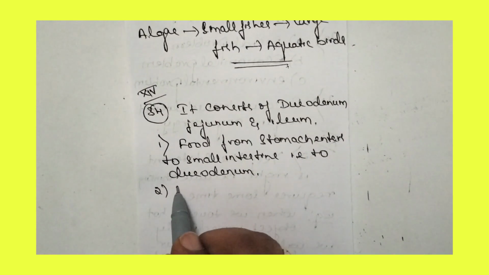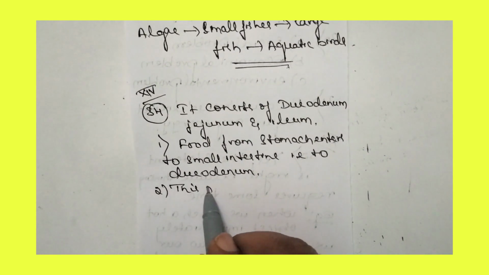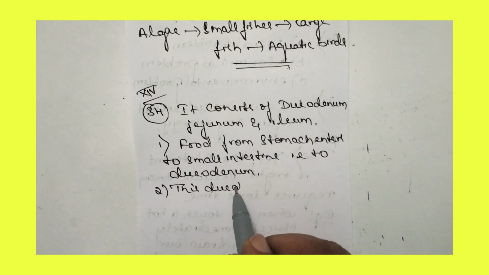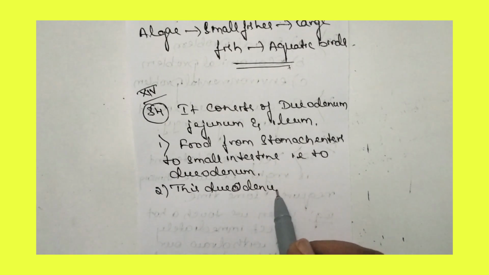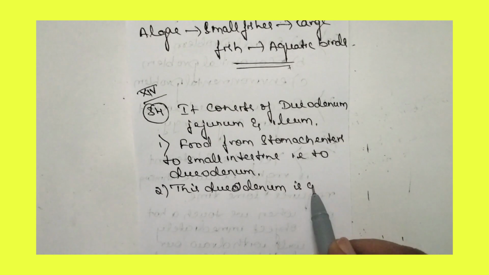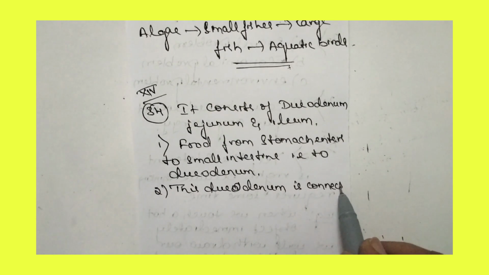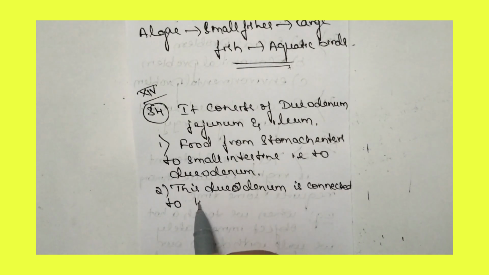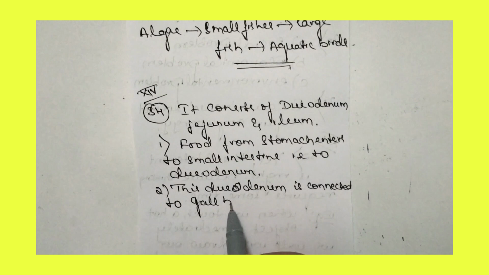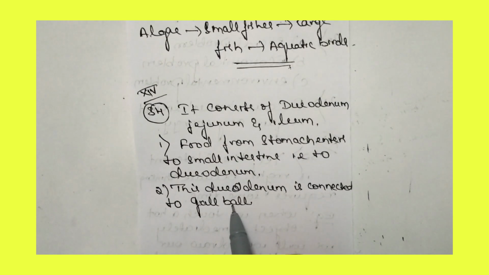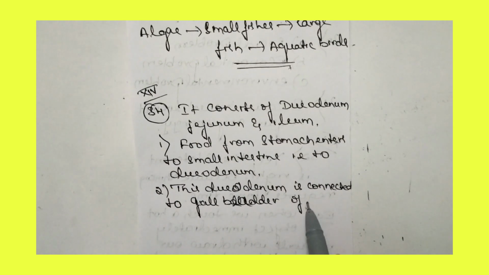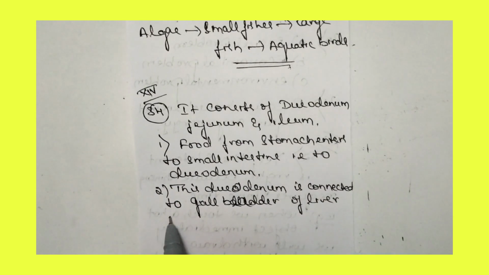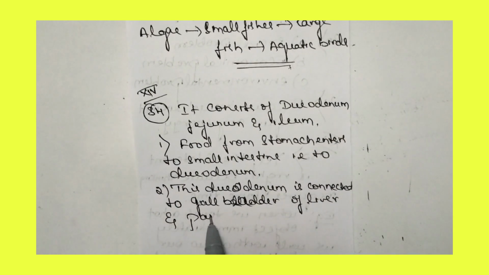This duodenum is connected to the gallbladder of the liver and the pancreas.